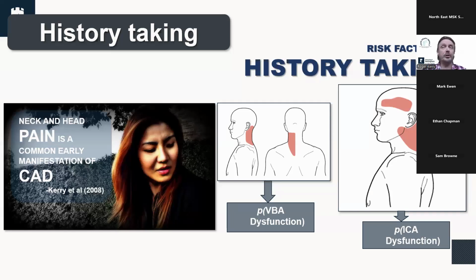The internal carotid artery is more the temporal parietal region of the head, with unilateral pain coming around the side, under the ear and towards the jaw as well. Same mechanism. If we've got a pathologized carotid vessel, it has the capacity to cause nociceptive pain.